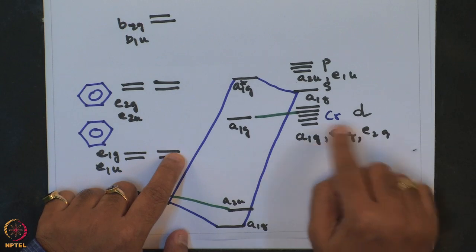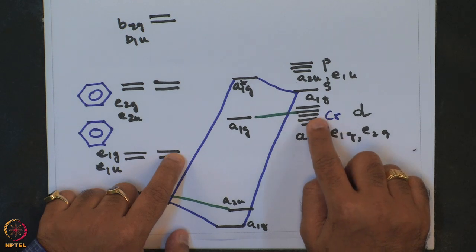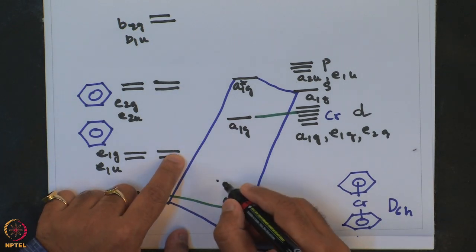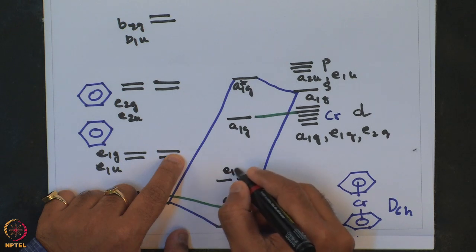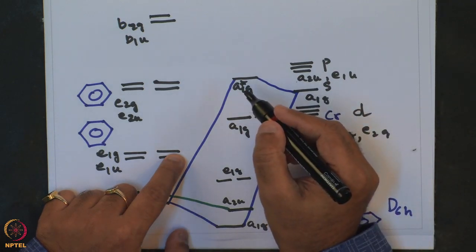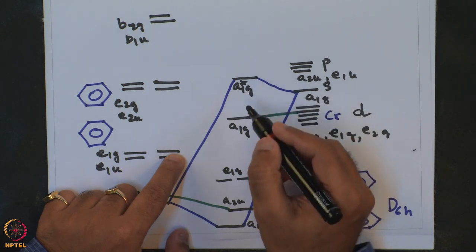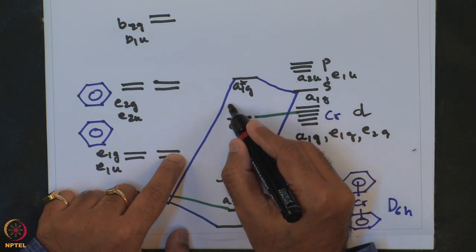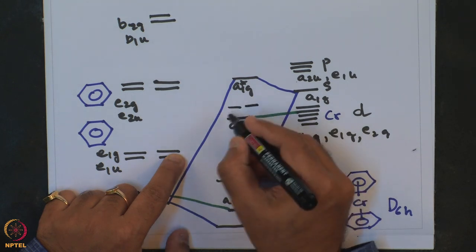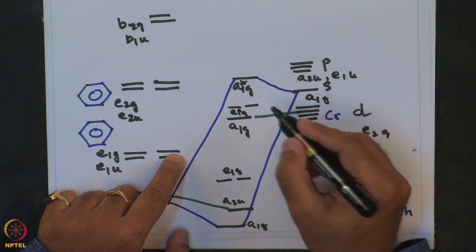E1g interacts with E1g of the d orbitals, and correspondingly it is E1g star somewhere over here.